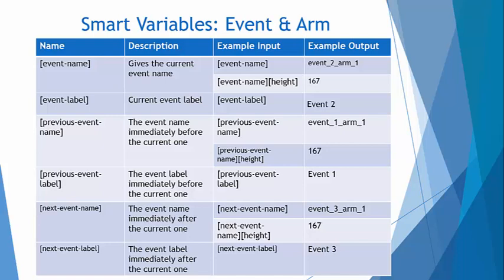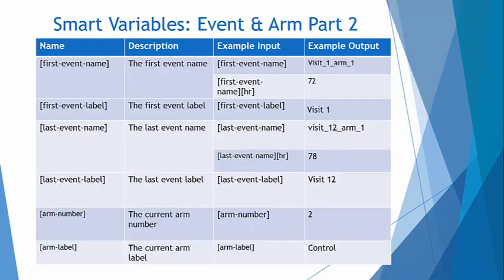However, if you have it prepended to another variable, such as in that next event name height, it will instead return the closest following event for which the field's instrument has been designated. This might not be the event immediately after the current event if the instrument hasn't been assigned to that event. Next event label will pull the event label for the event immediately following the current one.